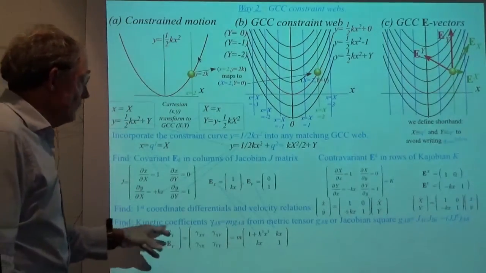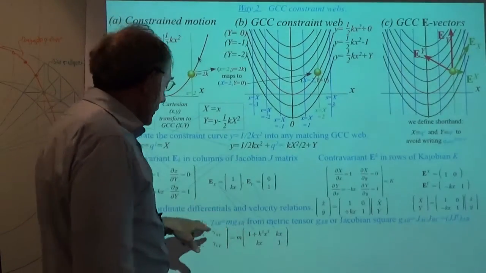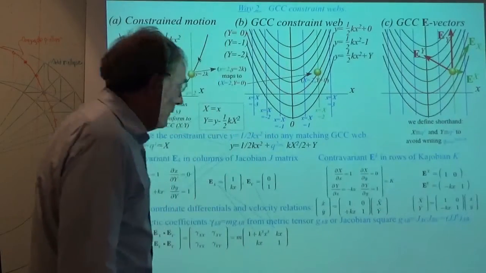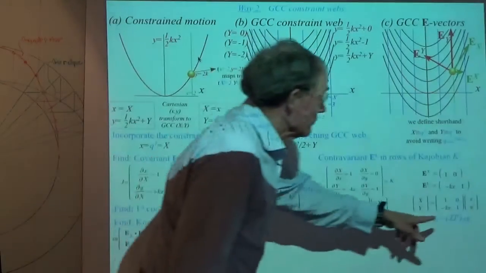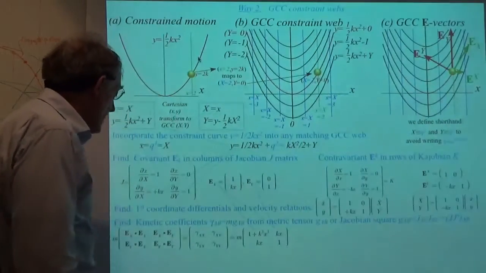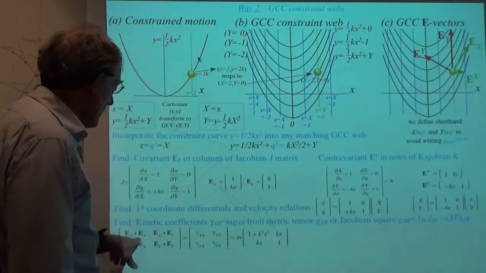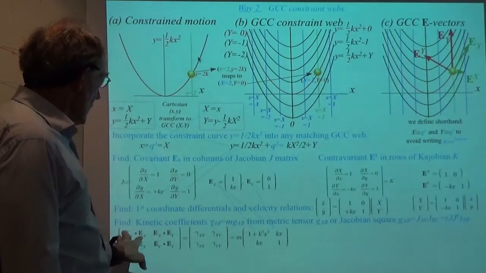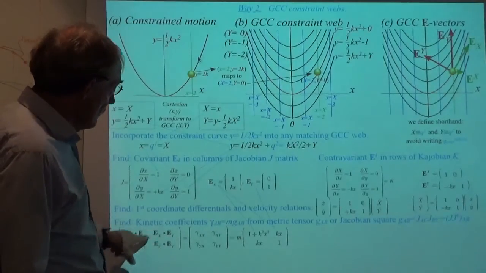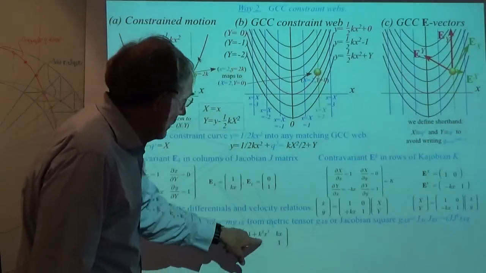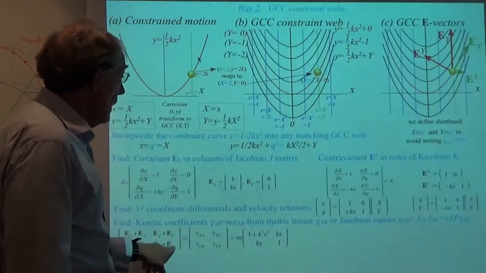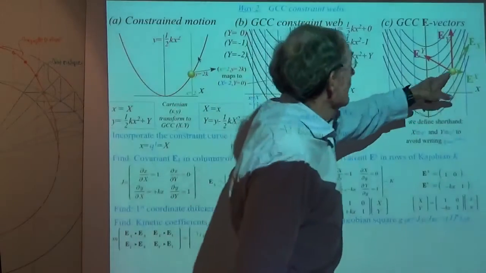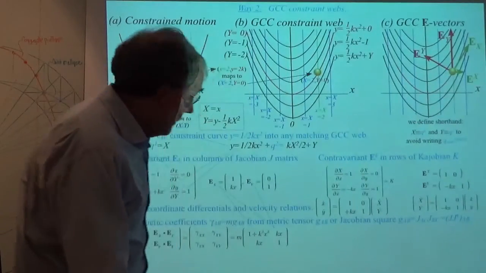And then the kinetic coefficients, what we call Greek G AB, the Jacobian products, the Jacobian transform product, that is what we've got right here. This is just the xx, xy, those two have to be equal, and then this one right here, y, y, that one is just this vector right here, very simple one.